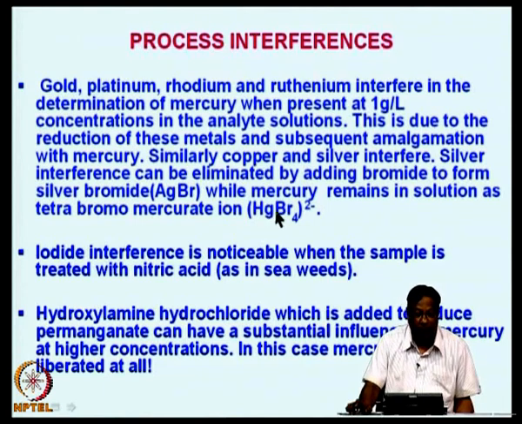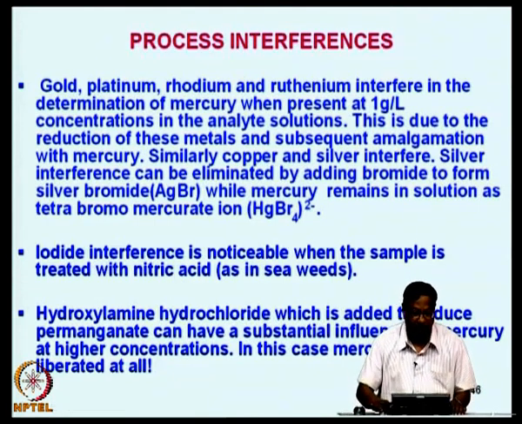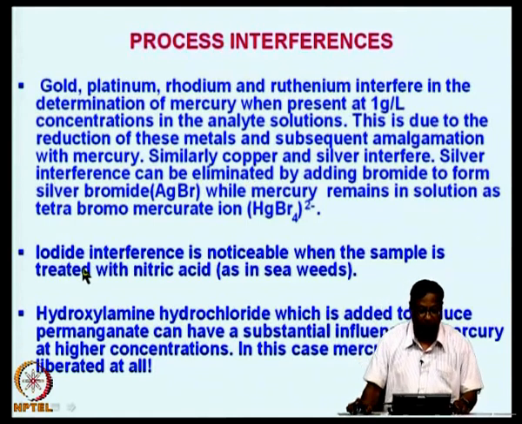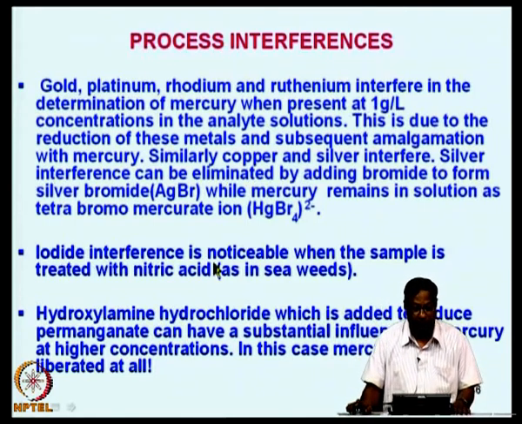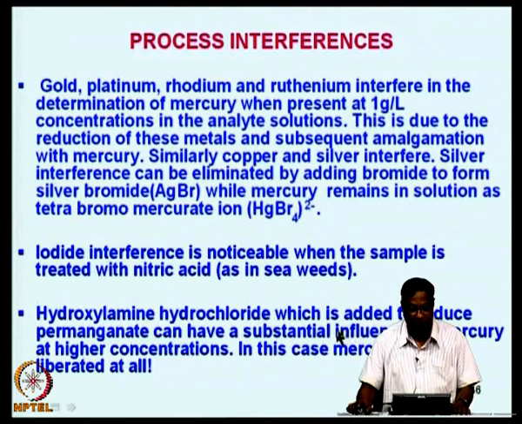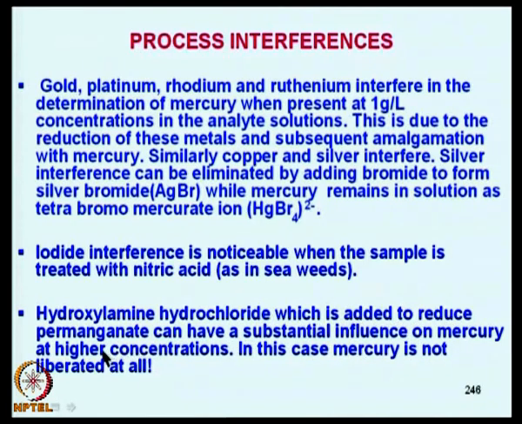Iodide interference is also noticeable when the sample is treated with nitric acid, as this problem will be more noticeable when you want to determine mercury in seaweeds, because in seaweeds the iodide concentration is quite high. So, hydroxylamine hydrochloride, which is added to reduce permanganate, can also have a substantial influence on the determination of mercury at higher concentrations.